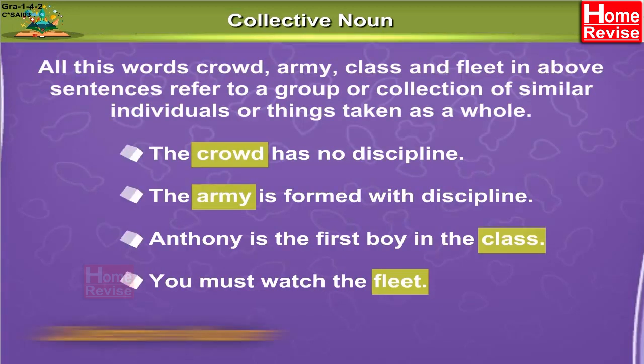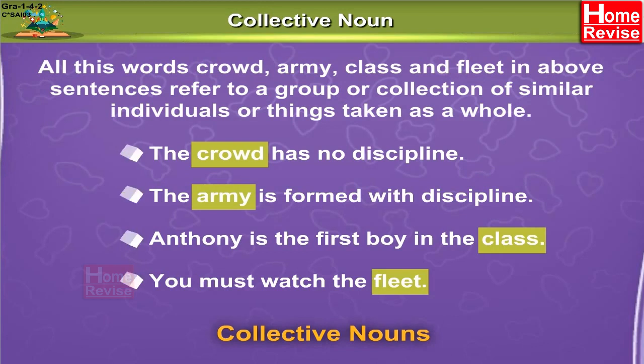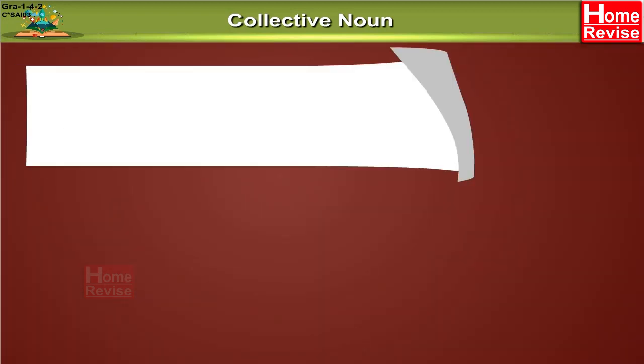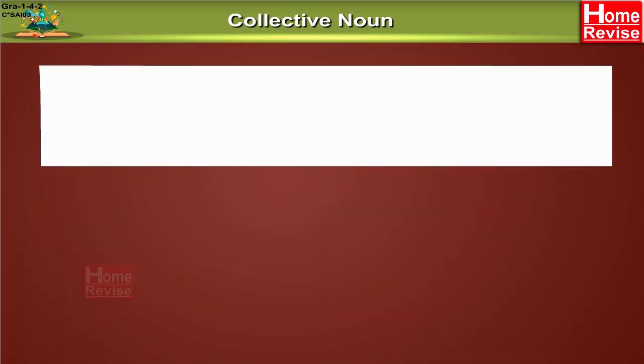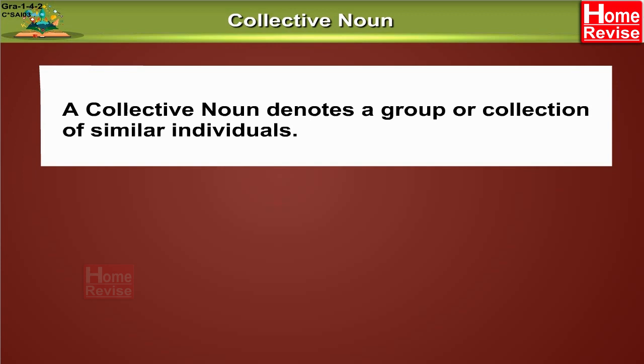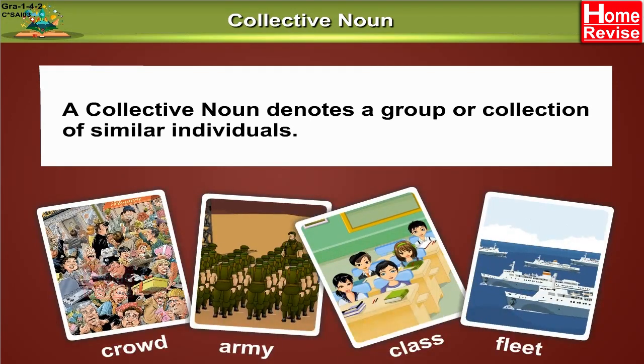So, they are collective nouns. From all this, we can state the definition of collective noun. So, it is: a collective noun denotes a group or collection of similar individuals.